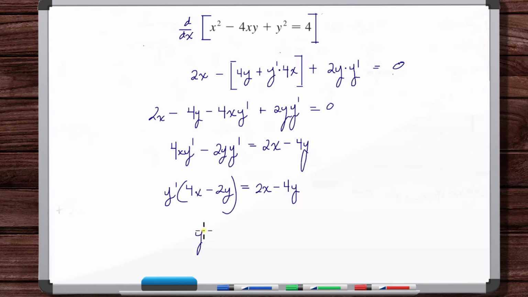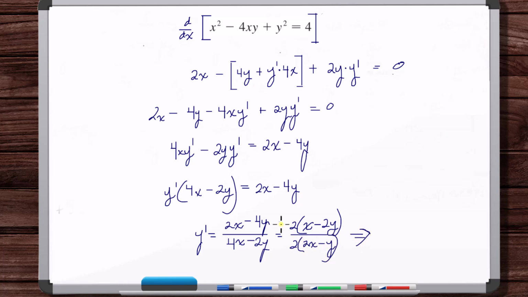Now divide both sides by that 4x minus 2y. We can factor out a 2. So we've got y prime is equal to x minus 2y over 2x minus y.